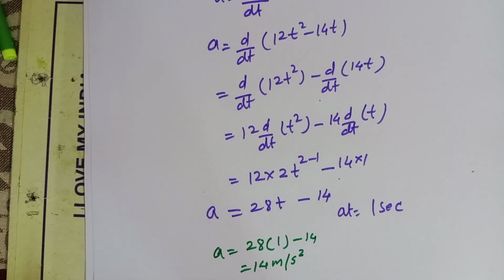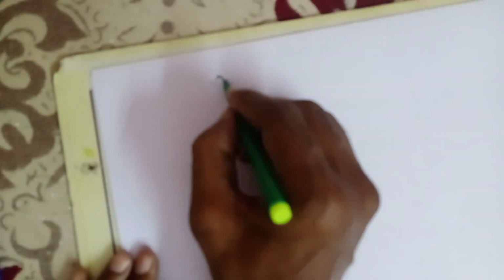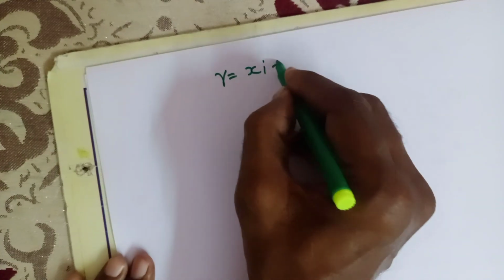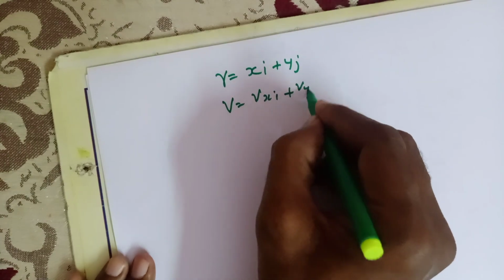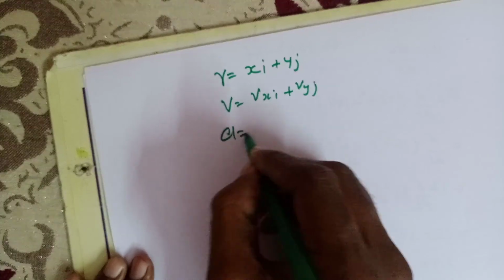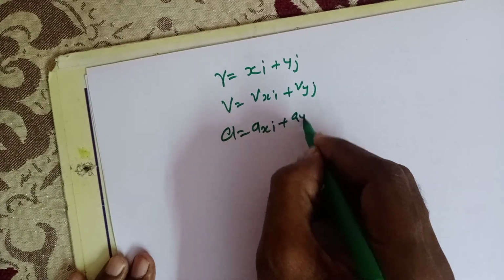Now we will develop in the next video how to go with instantaneous velocity and instantaneous acceleration in two-dimensional motion. In two-dimensional motion, we will define both the things: r equal to x i plus y j, v as vx i plus vy j, and a as ax i plus ay j.